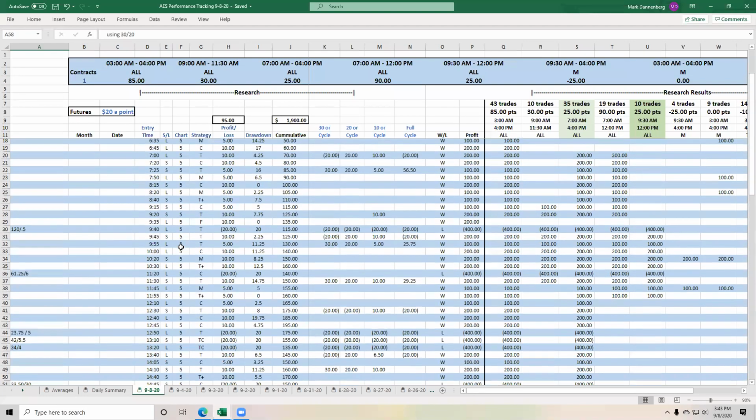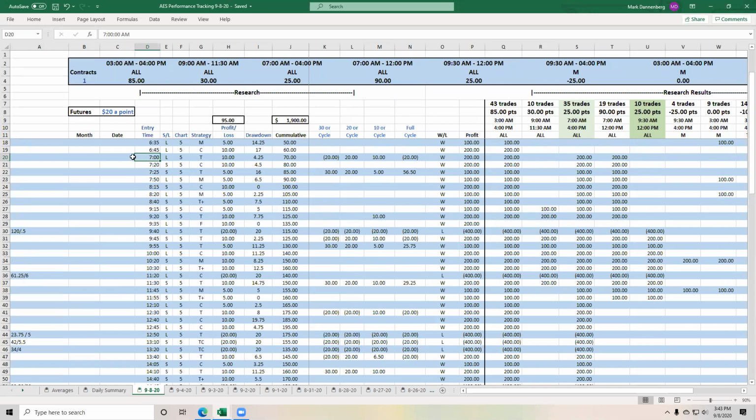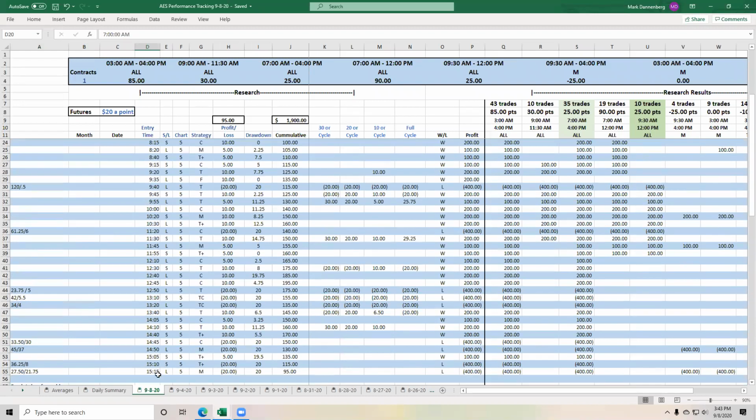All right, so here is the first trade this morning at 7 or after, and then we go all the way through 3:15. We didn't really have any other trade signals between 3:15 and 3:30. We had a few stop outs today, meaning we took 20-point losses on those trades.